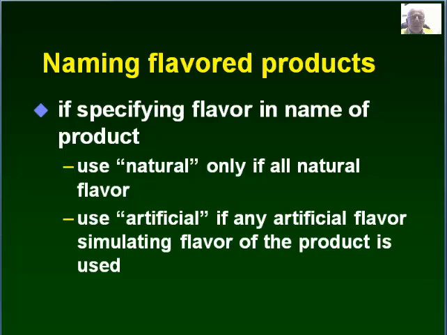We'll talk a little bit about natural later on in the semester because the FDA has been sort of struggling with how one would define natural or all natural. If you're using artificial flavorings to simulate that flavor of the product, then you must use the term artificial. And I'll provide an example in the next couple of slides.